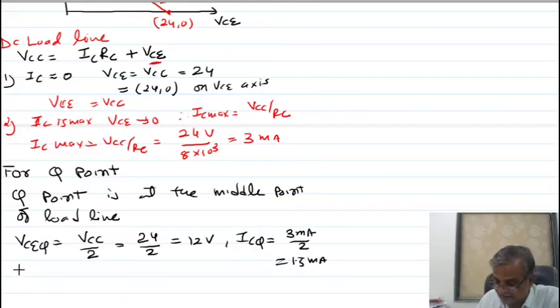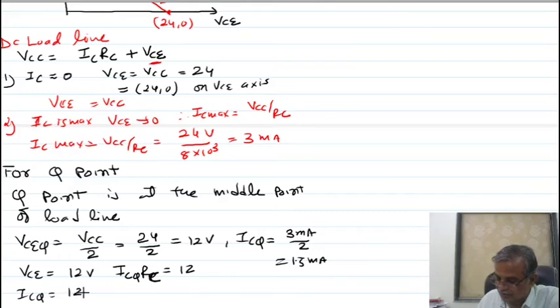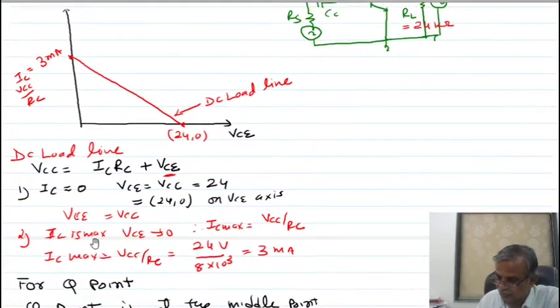I can say like this: if VC is equal to 12 volt, then ICQ into RC is equal to 12. So IC is equal to 12 upon 8 kilo ohm. So it is 1.5 milliampere.